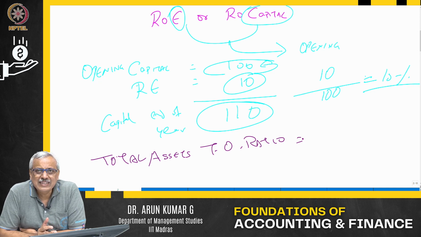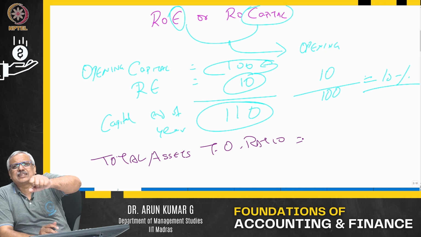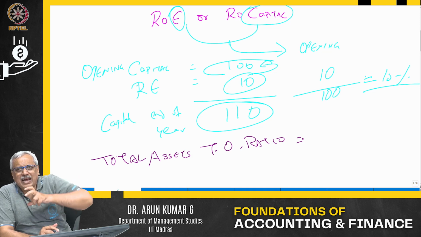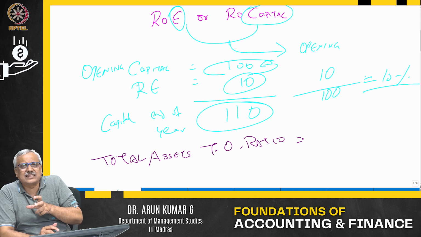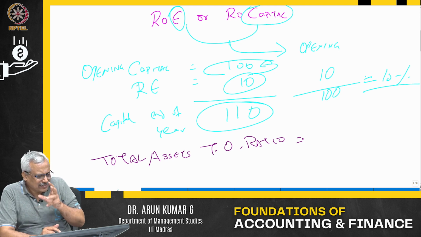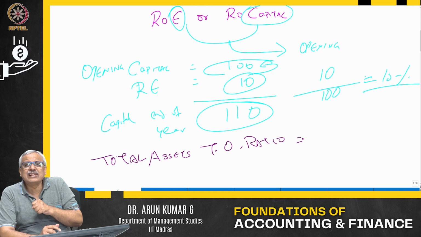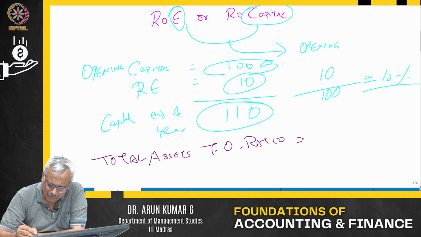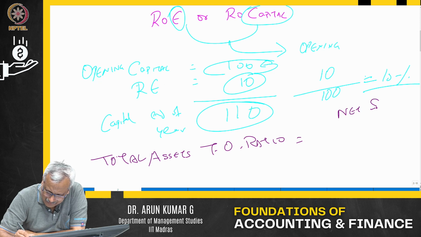I want to know whether overall my asset utilization is efficient, because my fixed assets could be very small and my other assets could be very, very large. So, same thing, the net sales by average net total assets.